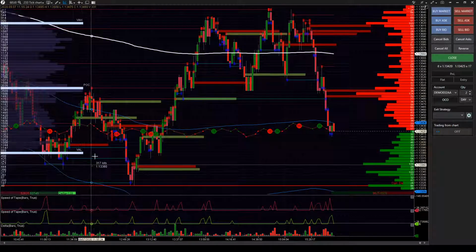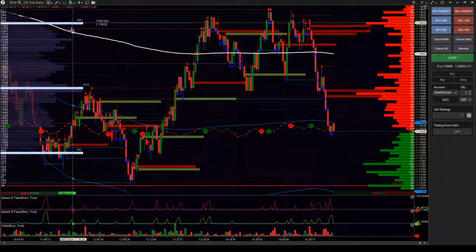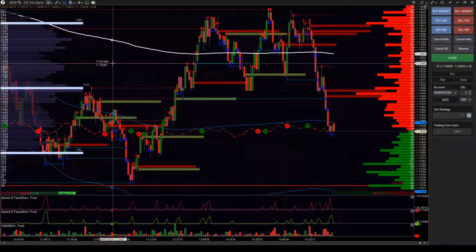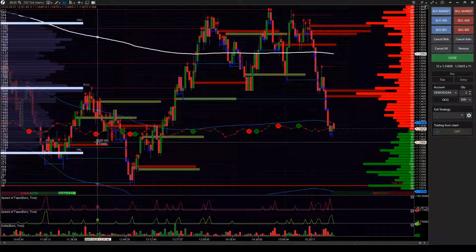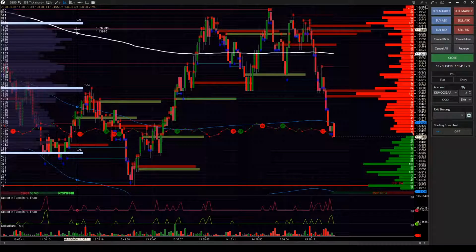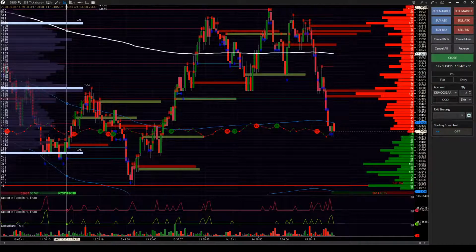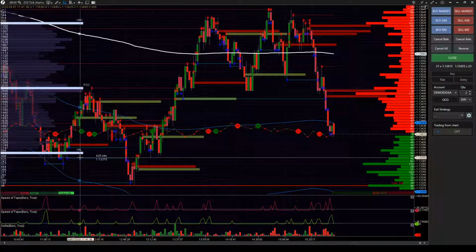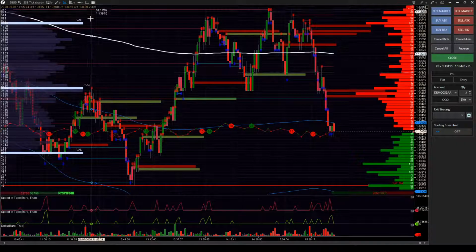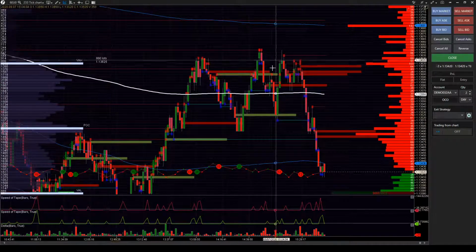And the value area low and value area high contain between these two 85% of the trades that were made today. Okay, so all the action happened between these two lines. When the price goes below or above these areas, they tend to limit their movement.